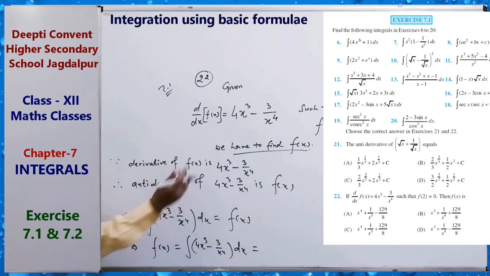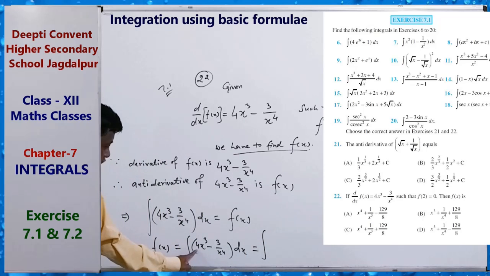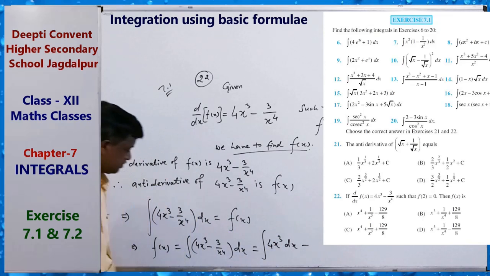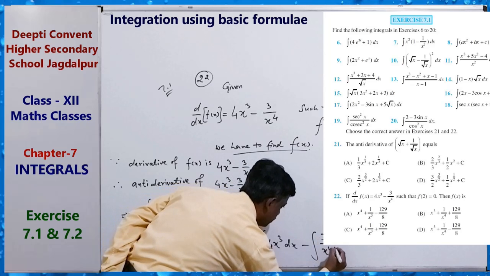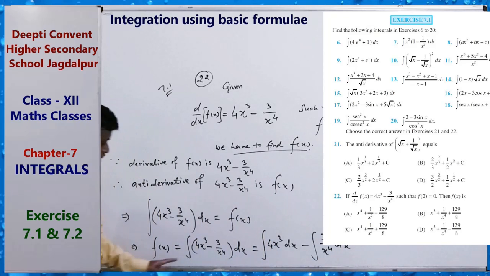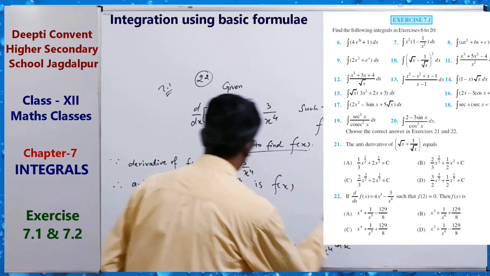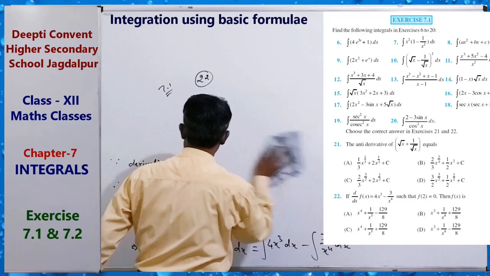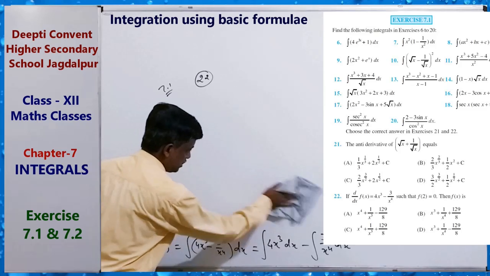Now we have to solve it. Integral of 4x cube dx minus integral of 3 by x to the power 4 dx. Clear? Distribute it. So f(x) equals this.